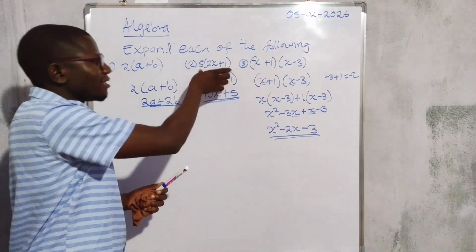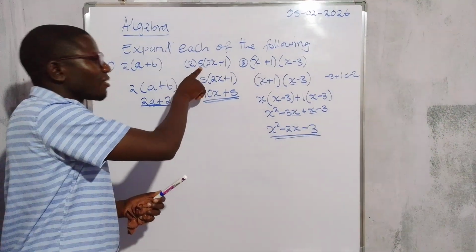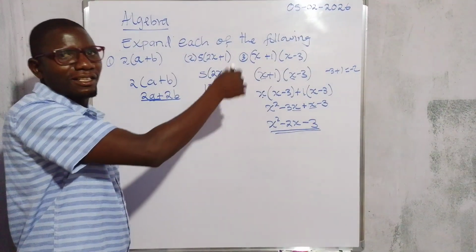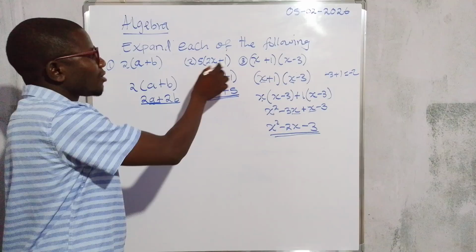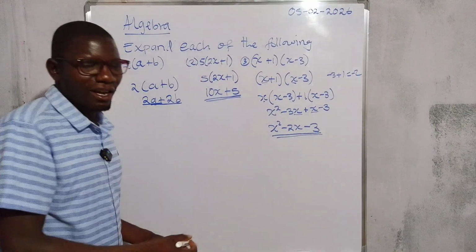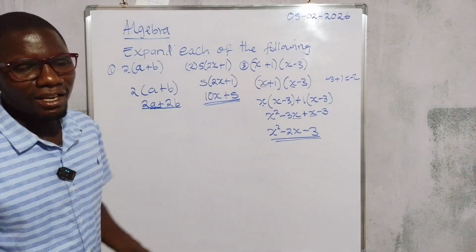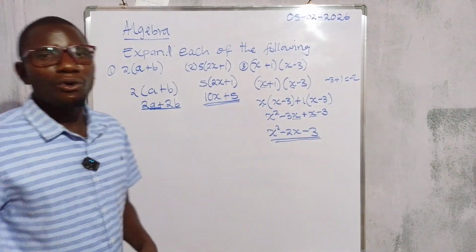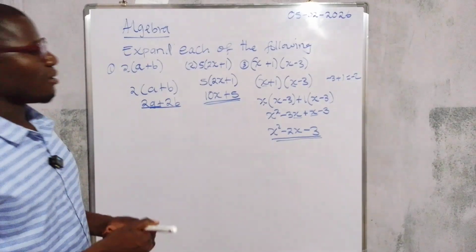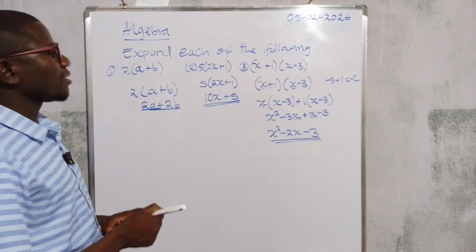To expand this means to multiply the term outside the brackets by each of the terms inside the brackets. Once you get rid of the brackets, now you can go on and simplify the like terms. You add the like terms or you subtract the like terms. So that is what I wanted us to look at today.